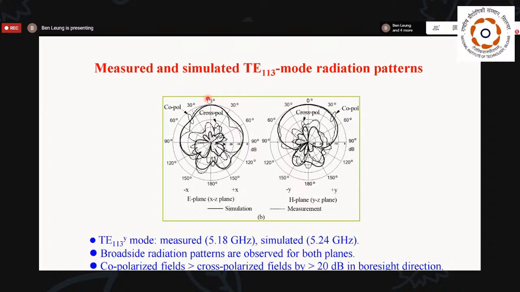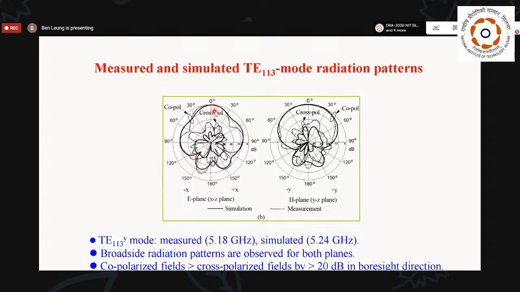Okay, next, we see our measured and simulated radiation pattern for the high order mode. Again, the broadside radiation patterns are obtained because TE111 and TE113 are from the same mode family. Therefore, their radiation patterns are similar, except that the higher the order of the mode, the narrower the beam width of the radiation pattern.